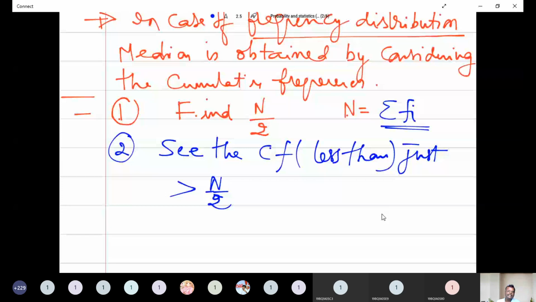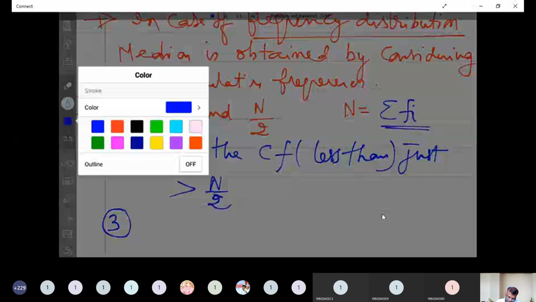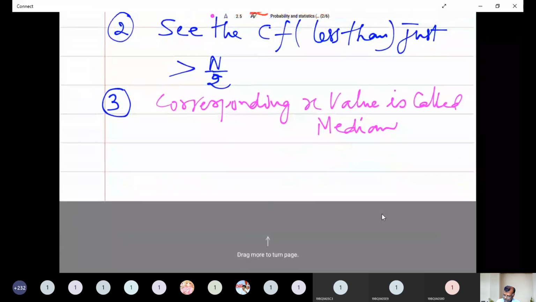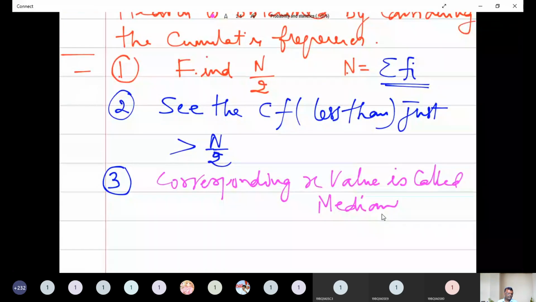And that corresponding x value is called the median. Corresponding x value is called median.